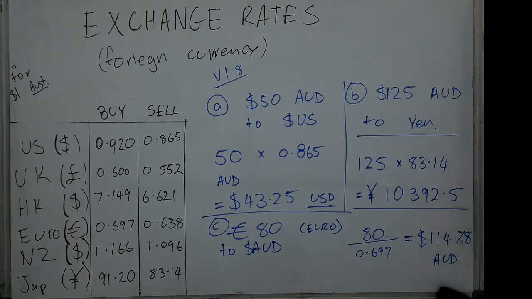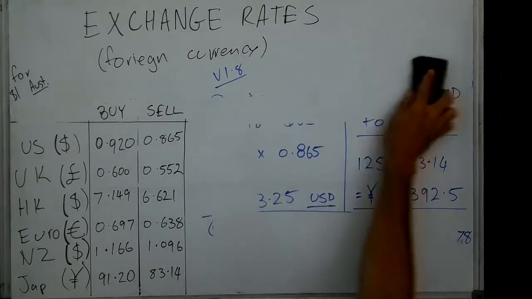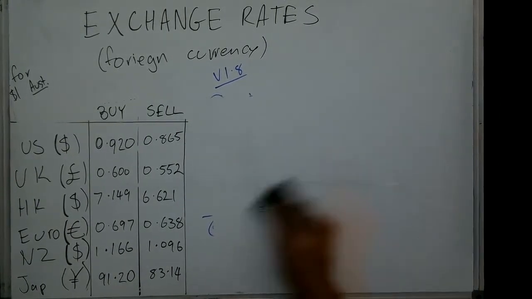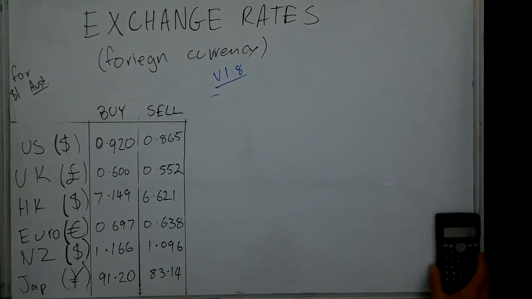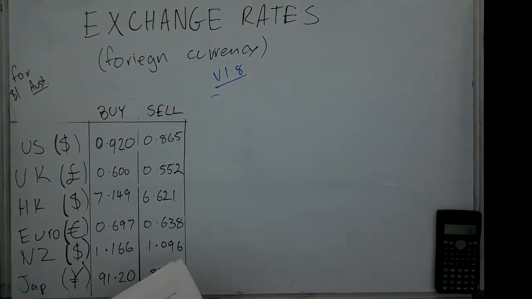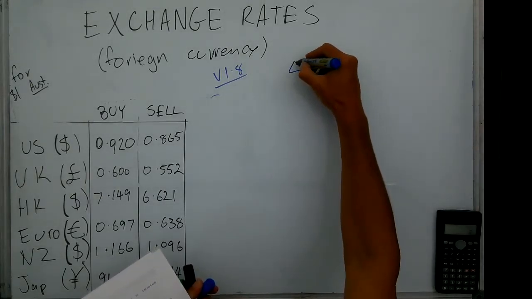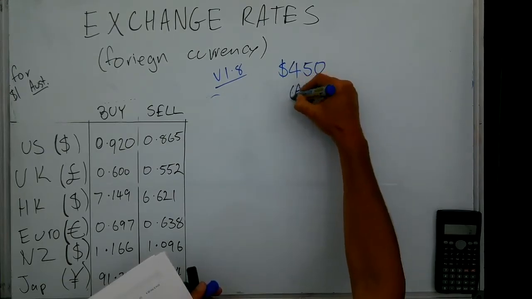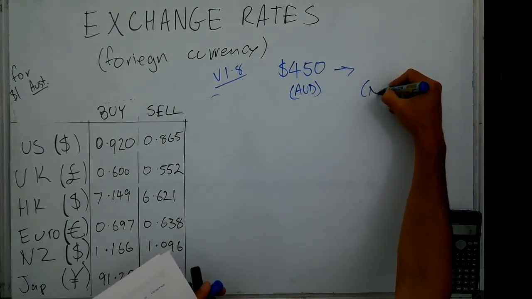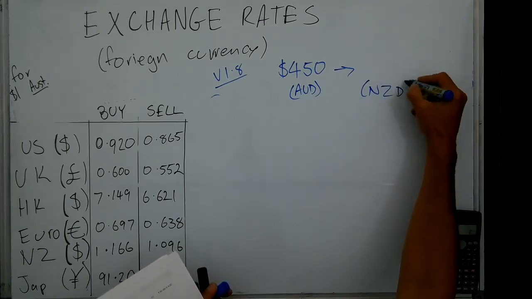Okay, we've got some examples here that are slightly more involved. So just zip through those. Calculator there. Okay, Taylor exchanges, this is someone going on holiday, 450 Australian dollars into New Zealand dollars. So let's just write that down. Into New Zealand dollars.